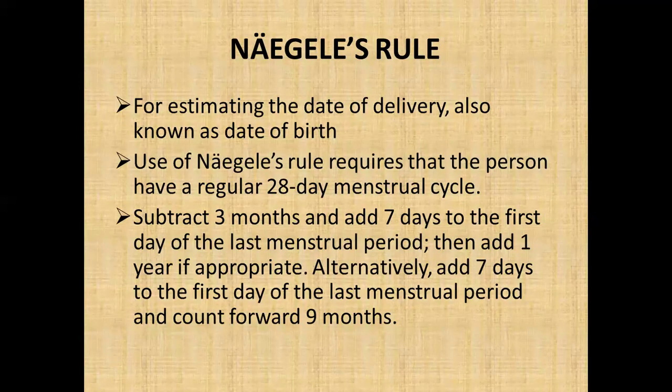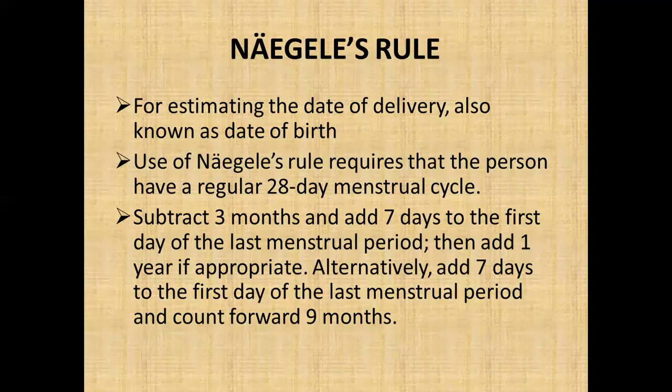The rule is to add 7 days to the first day of the last menstrual period. Remember, the menstrual period lasted for 5 days. It started on the 10th and ended on the 15th. And so when you are determining which of the dates you are going to use, are you going to use the 10th or the 15th? The rule says use the first day of the last menstrual period.